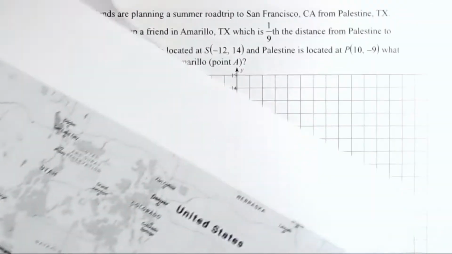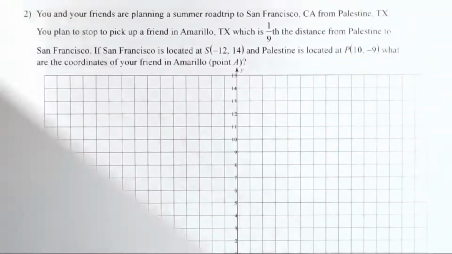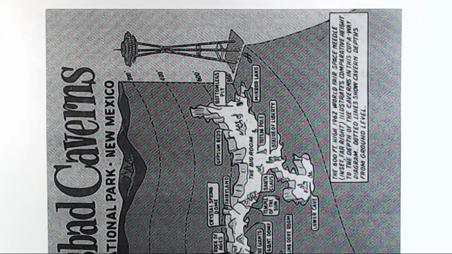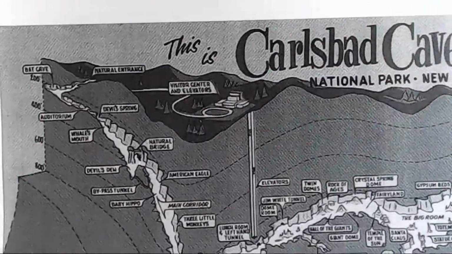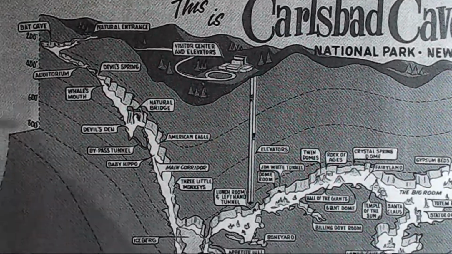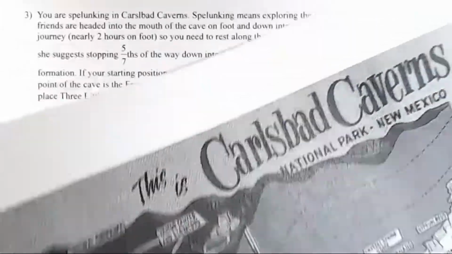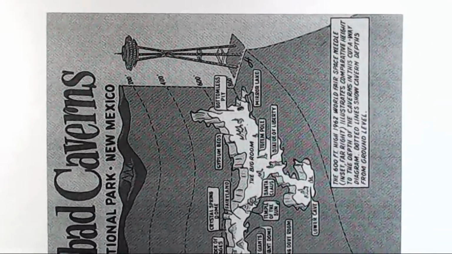And then after that, we are going to go exploring inside a cave. We're going to explore the massive Carlsbad Caverns. And we're going to travel through it and learn about some of its features. So there are a lot of fun things ahead in this video.